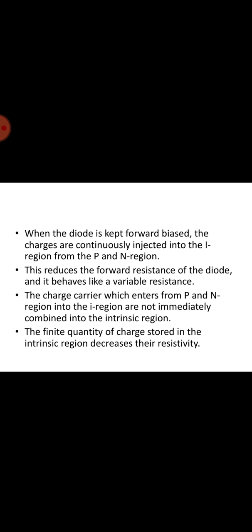When the diode is forward biased, charges are continuously injected into the I region from the P and N regions. This reduces the forward resistance of the diode, and it behaves like a variable resistance. The charge carriers which enter from the P and N regions into the I region do not immediately combine in the intrinsic region.